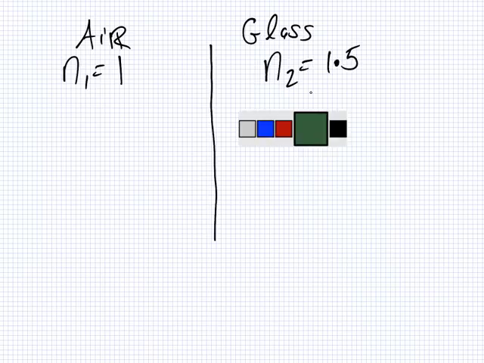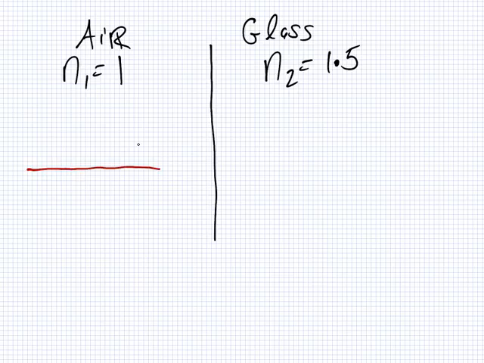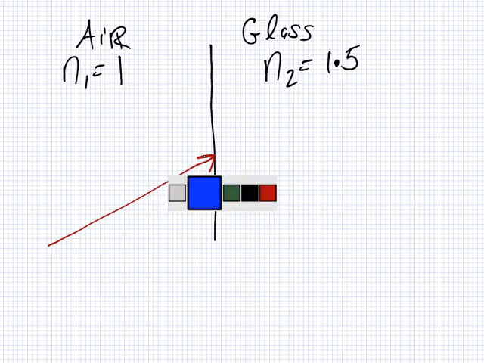And we have white light. But white light is just a mixture of all the colours. So it's like I have red light, but also all the other colours, for example blue light as well. I won't draw all the colours, I'll just do red and blue.